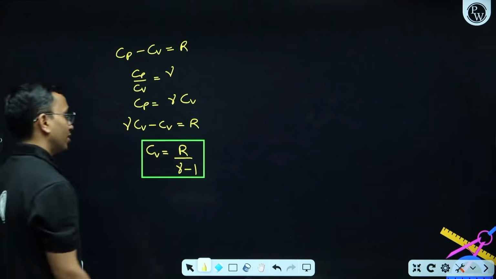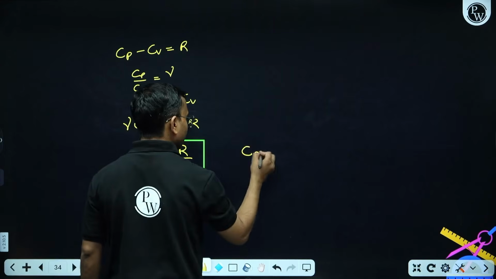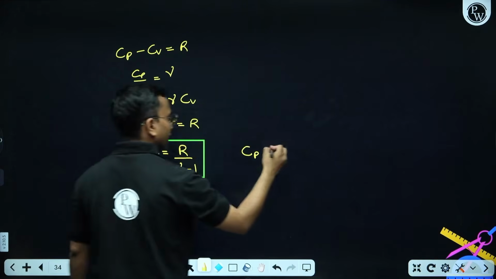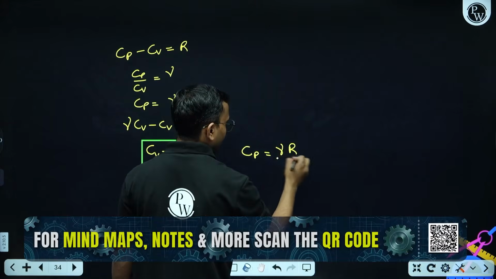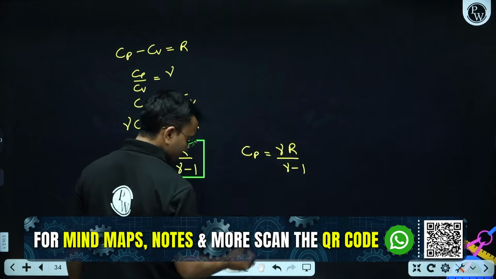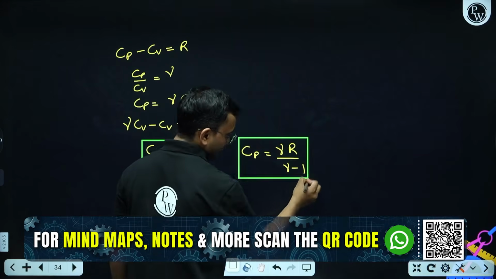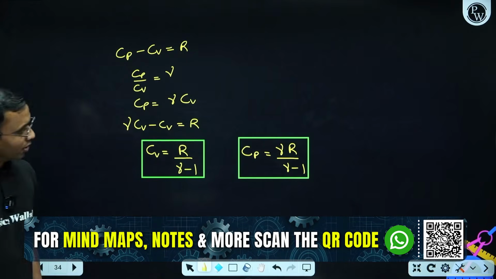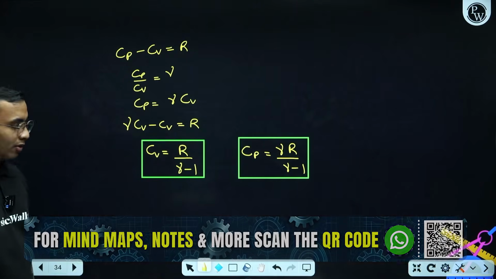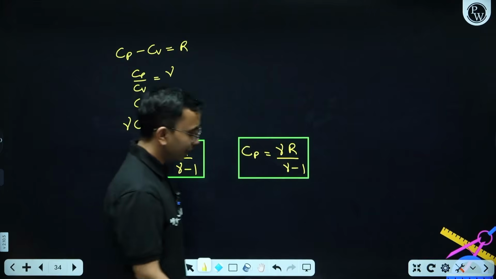Or from here I can say Cp, which is equal to gamma times Cv, is gamma into R divided by gamma minus 1. Okay, remember these formulas in terms of gamma also.